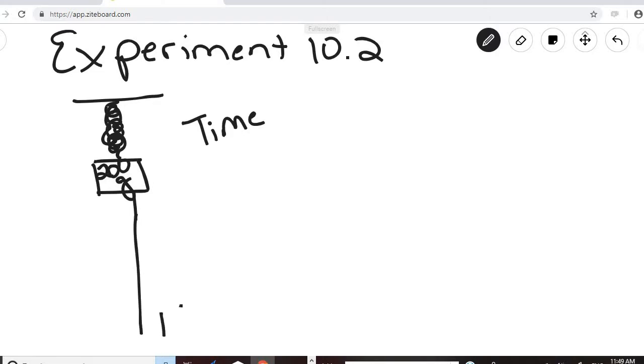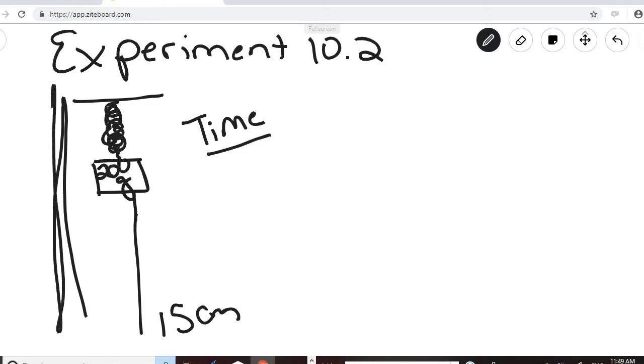So let's say we go down 15 centimeters, and you're going to let it fly and see how much time it takes to go up and down, up and down, up and down 5 times. Okay, so that is what experiment 10.2 does, and let's talk about what you would see from that experiment.